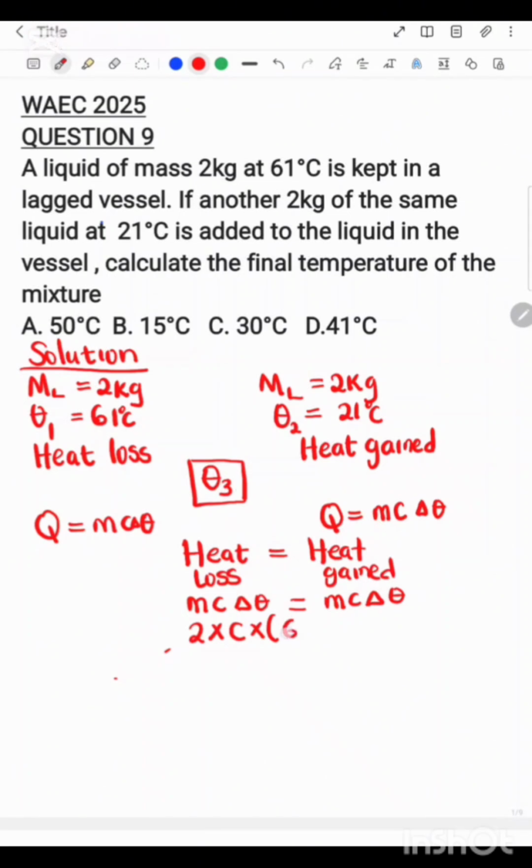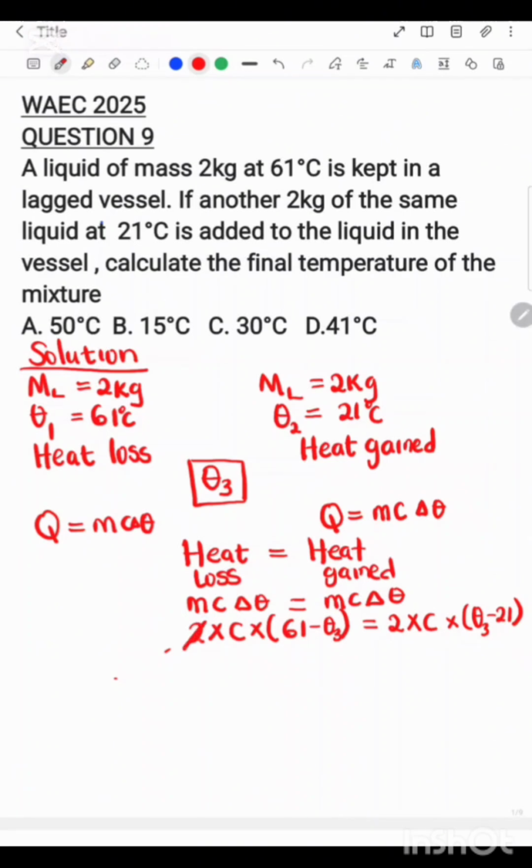The same way here, the mass of the added quantity of liquid is also 2, and the specific heat capacity is C for the same liquid, and the temperature change here is going to be theta 3 minus 21 because this is the side that gains the heat. If you lose heat, your temperature is definitely greater than the final temperature. If you gain heat, it is going to be lower because you are gaining the heat.